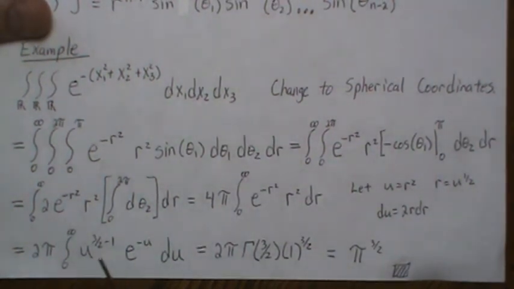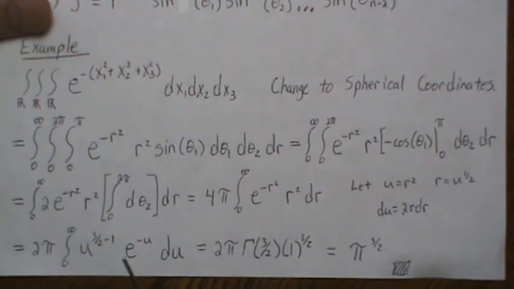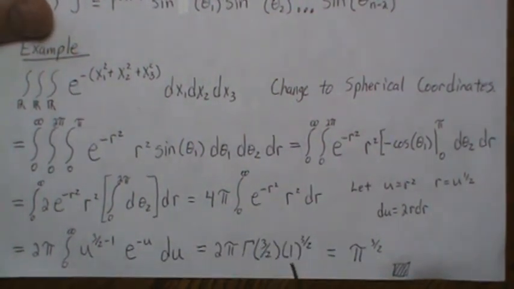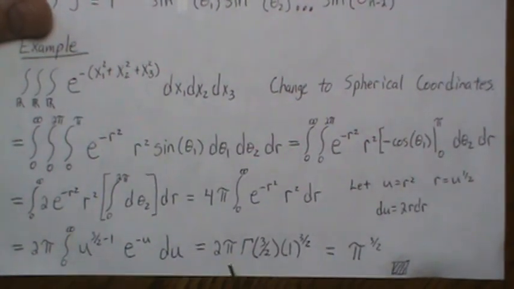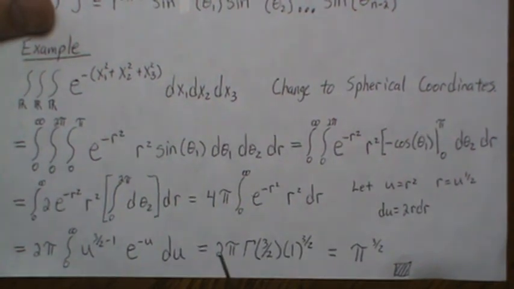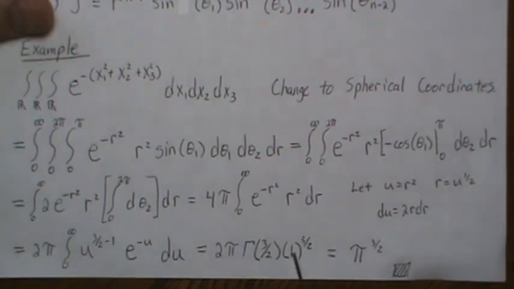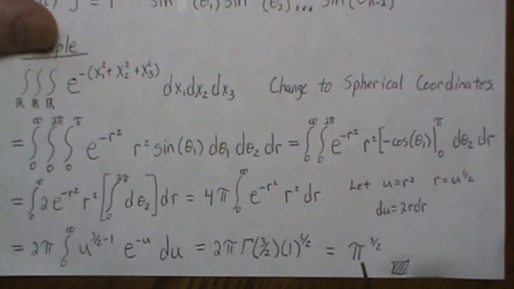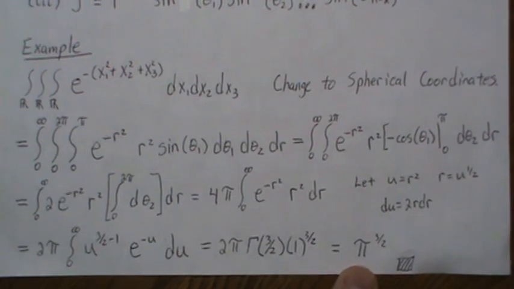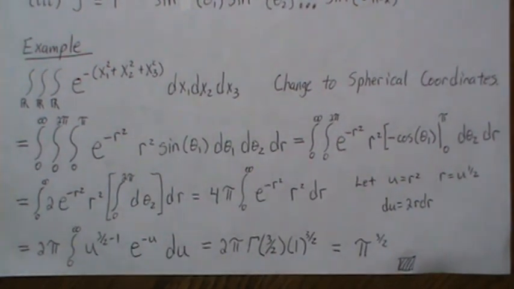But this is a gamma integral, so we instantly know that it integrates to this. We simplify. This is 1/2 times the square root of pi, so the 2's cancel, the 1 goes away, square root of pi goes into this, and you get pi raised to the 3/2 power. Well, that's exactly what we got in my video called Gaussian integrals.